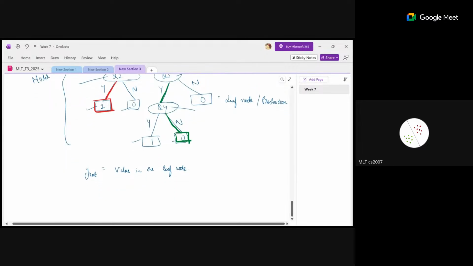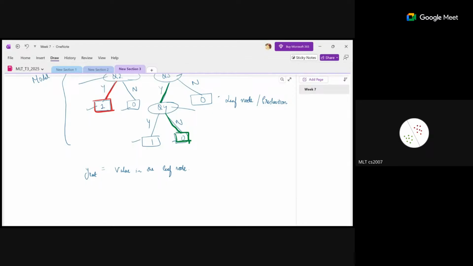Now, what we are seeing is, once we have the decision tree, how we can make the prediction. Once we have this decision tree, we can just forget about our entire data set, and take this decision tree to make the prediction.